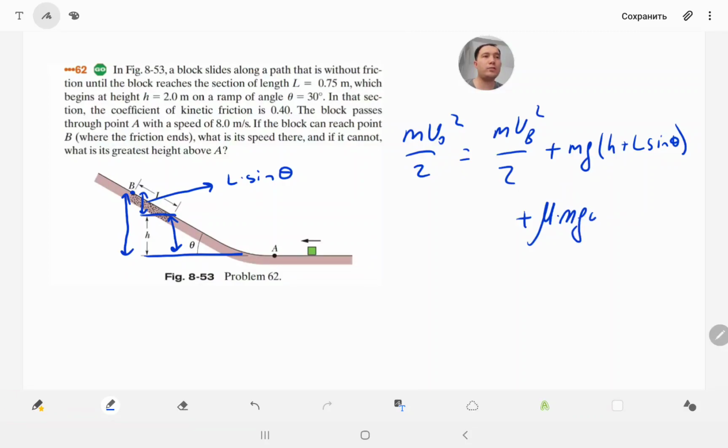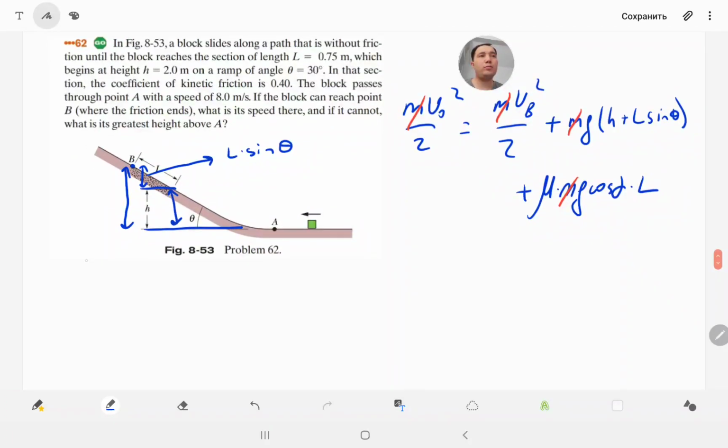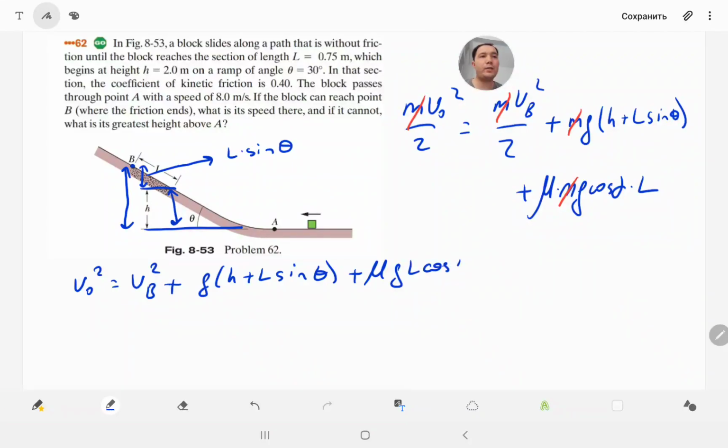In this case, the normal force equals weight times cosine alpha, times L. And from here we can find the velocity at point B. So let's cancel masses and multiply both sides by 2. So at the end we have this equation: V initial squared equals velocity at point B squared plus G(h plus L sine theta) plus coefficient of friction times GL cosine theta.